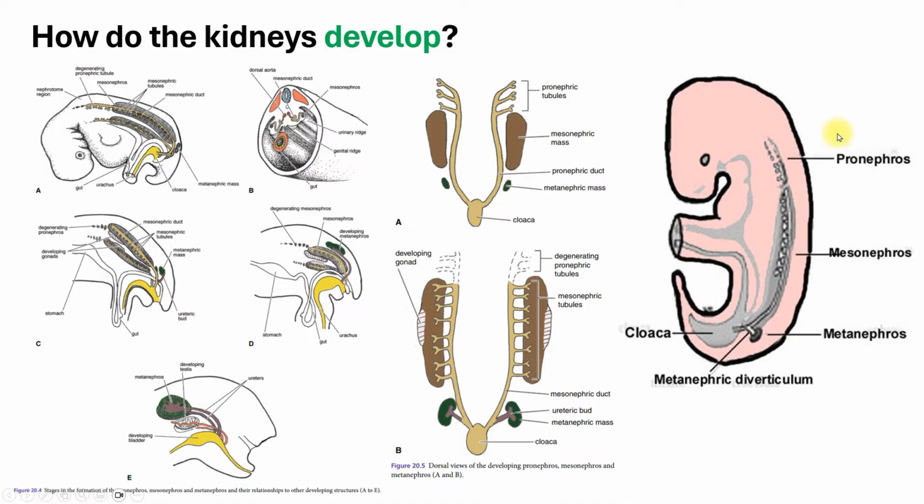And then in the embryo, actually, the pronephros is the first part of the primitive kidney, and then it will eventually regress to be replaced by the mesonephros. And then for higher order animals, this mesonephros will still be replaced by your metanephros. Okay, so these are like sequential development and parts of the primitive kidney.